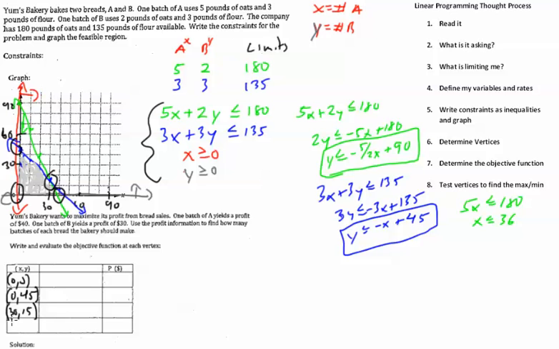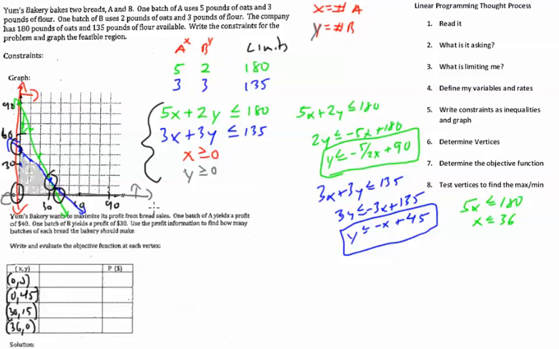So I end up with 36, 0. There's my vertices, and I know that in a feasible region, if I have an objective function, which I'm going to develop, my maximum or minimum value will always be at one of the vertices in that feasible region. So let's see if we can figure out what our objective function is.